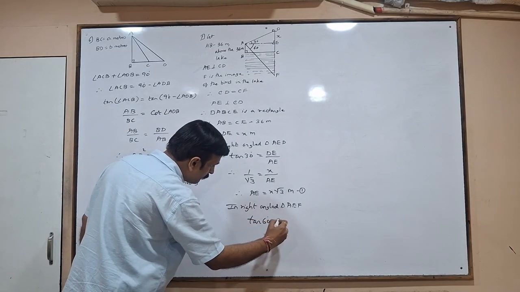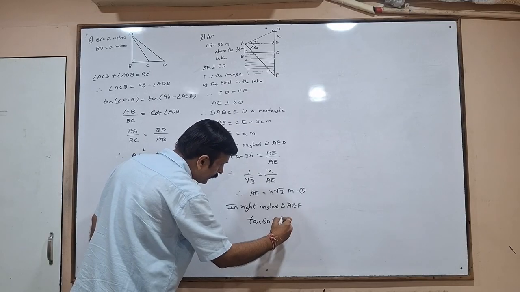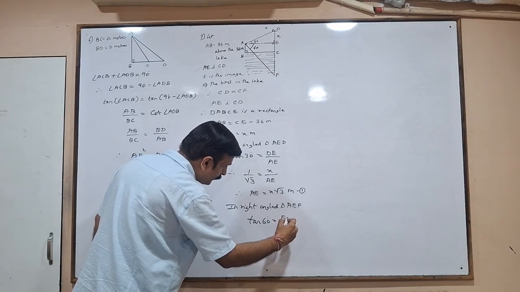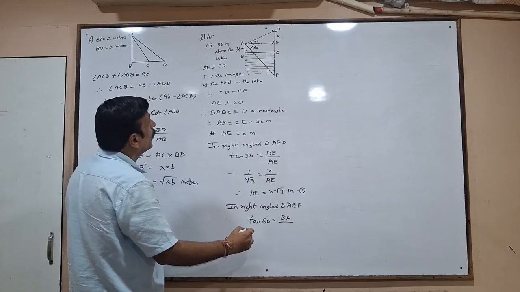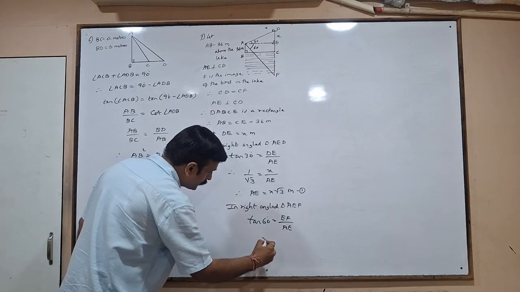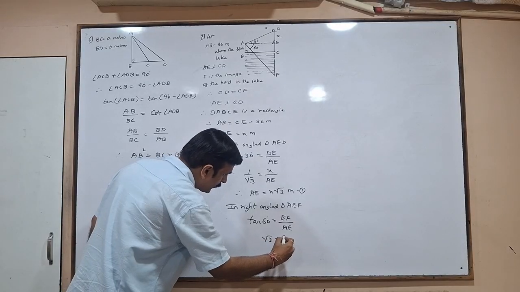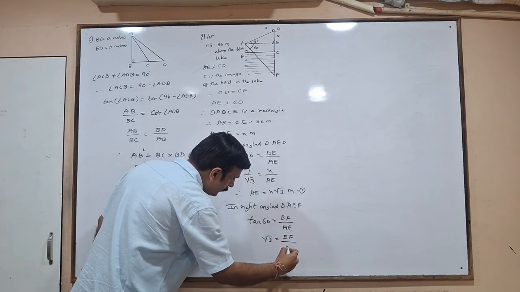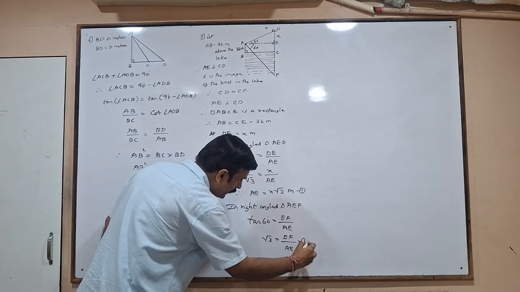So tan 60 will be EF upon AE, which is root 3, EF upon AE.